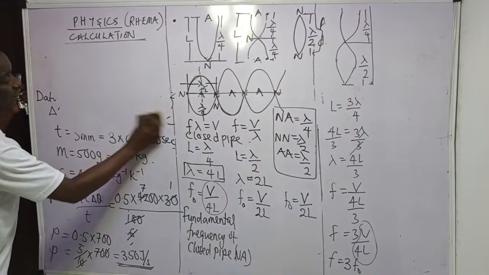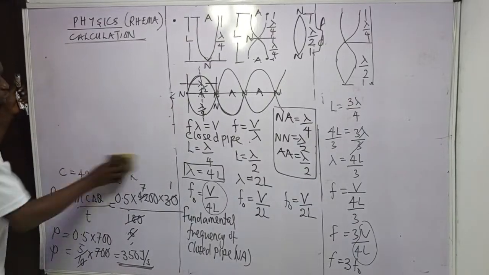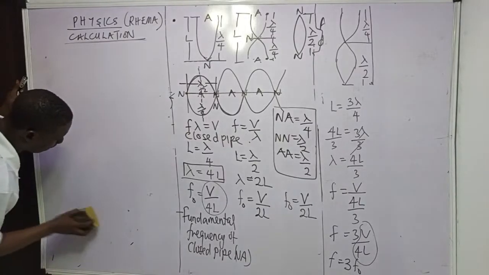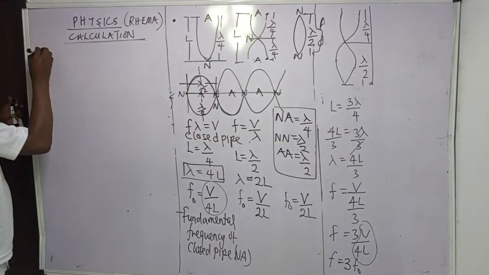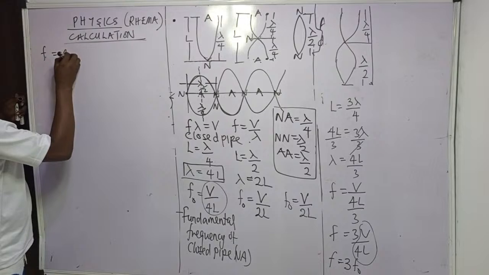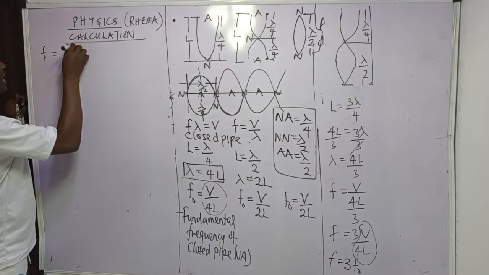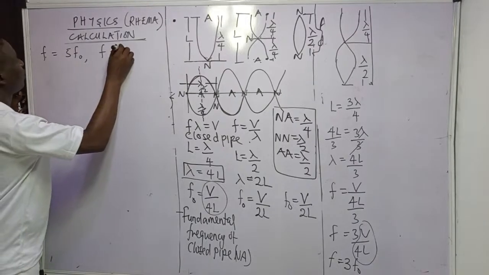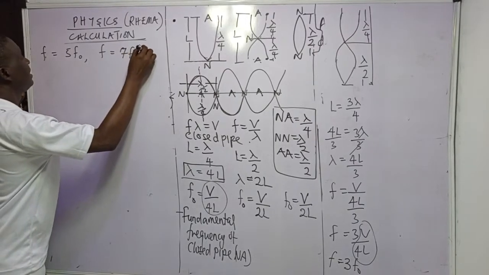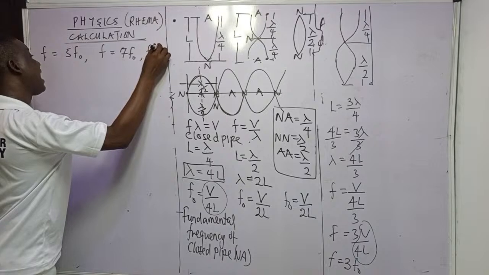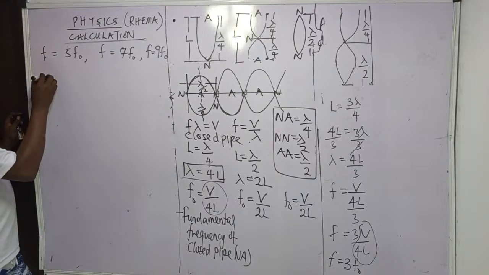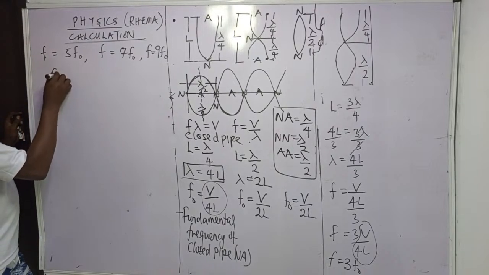Now, if you continue to do it for the closed pipe, look at the shortcut here. That means a closed pipe always has odd numbers. The next one will be 5 F naught. The next one will be 7 F naught. The next one will be 9 F naught.